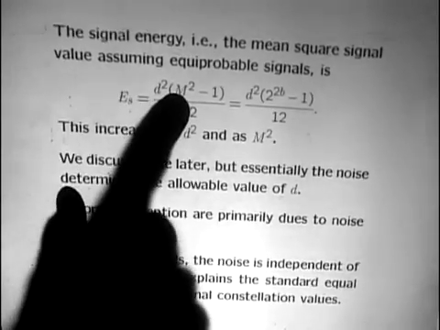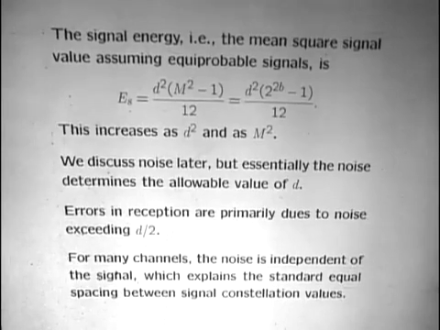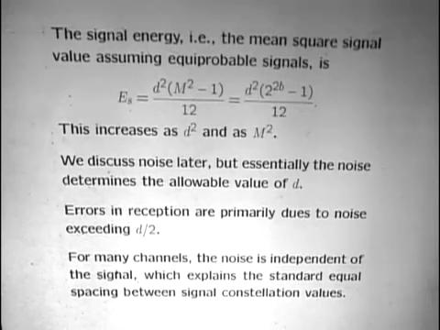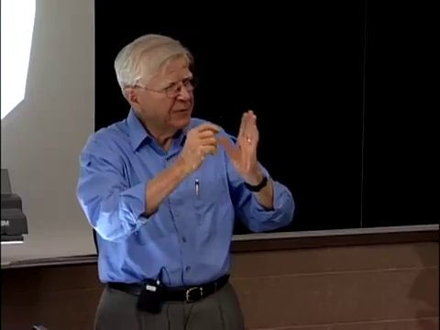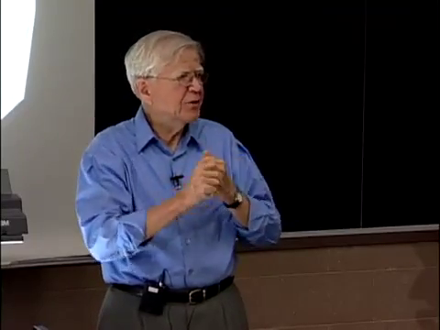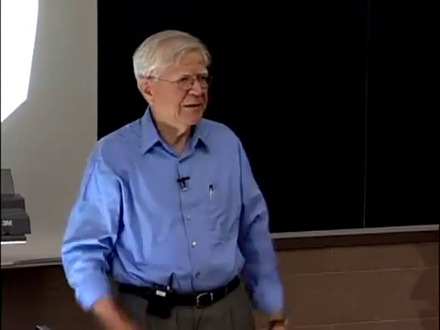Now, if you take m to be 2 to the b, what's b? b is the number of binary digits which come into the signal former when you produce one signal out. Namely, if you bring in b binary digits, you need an alphabet of size 2 to the b. If you have an alphabet of size 2 to the b, then you're going to need m equals 2 to the b different signals.